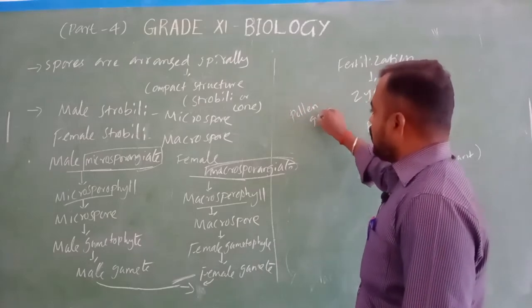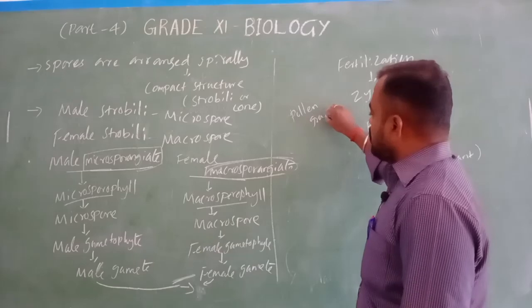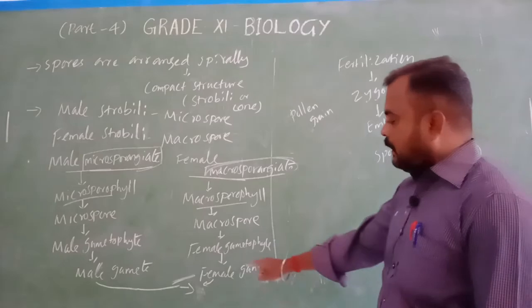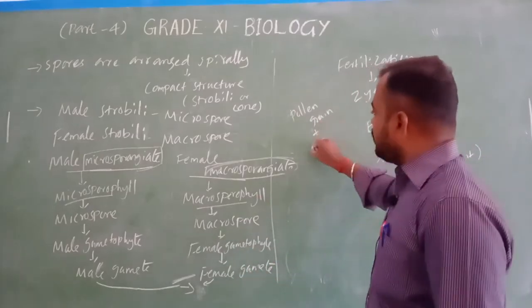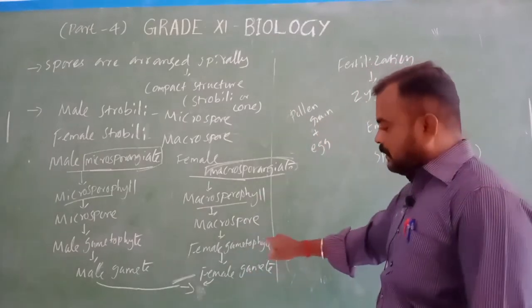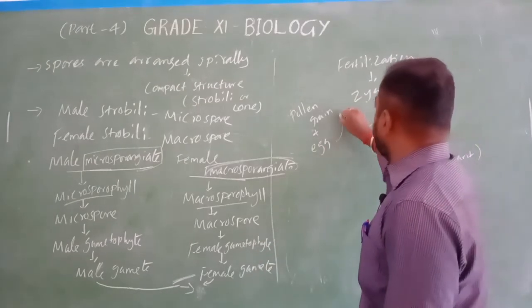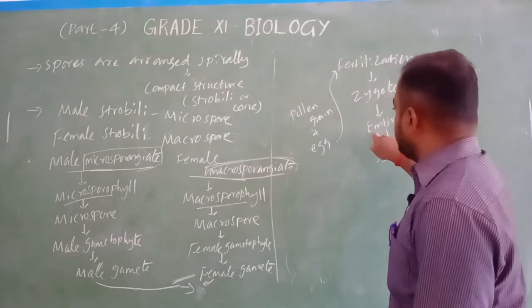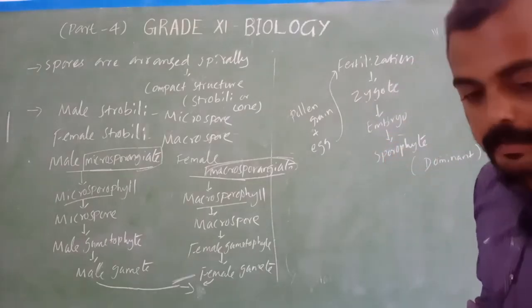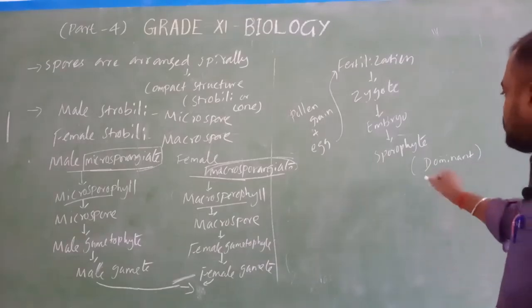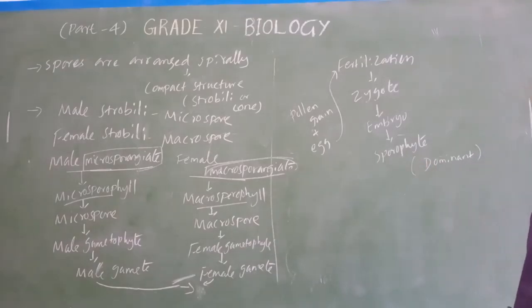Sperm present in the pollen grain is fused with the egg present in the female gametophyte. That is fertilization. Then zygote will be formed, then embryo, then sporophyte. It is the dominant phase.